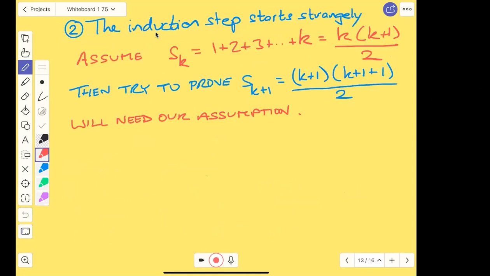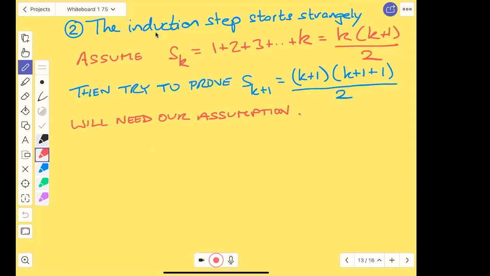So the second step in a proof by induction has got 2 steps. The second proof starts really strangely. So what we do is we say, well, we've got this formula, and let's just assume that there is some value of n, let's call it k, for which our claim is true.